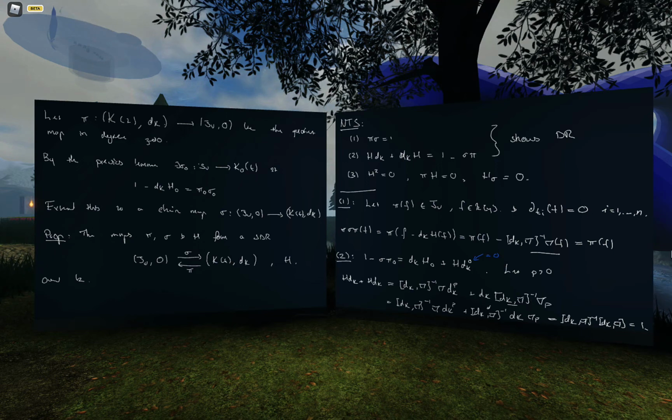And then this is dk inverse. Then we can rewrite this like so.